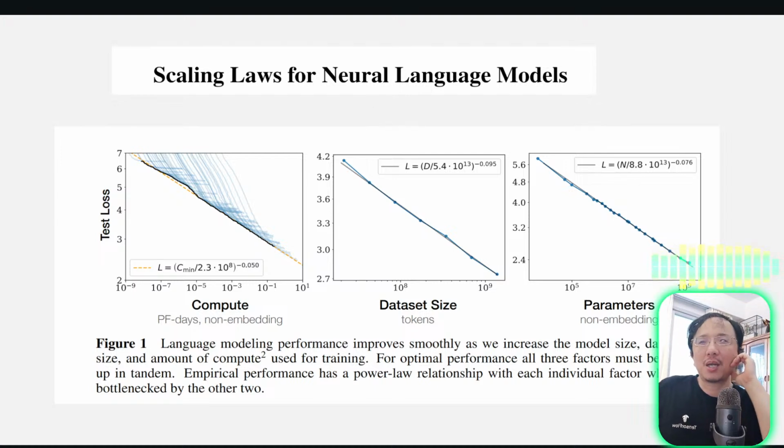There's one paper published by OpenAI called Scaling Laws for Neural Language Models, published in 2020.